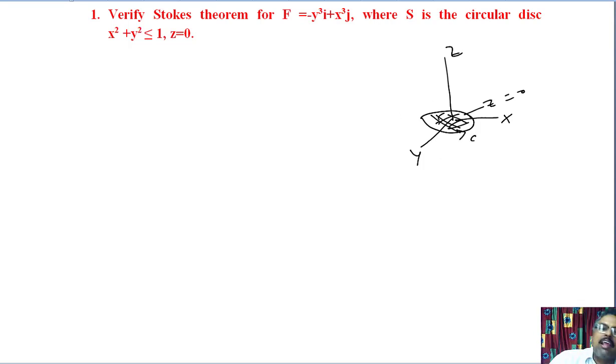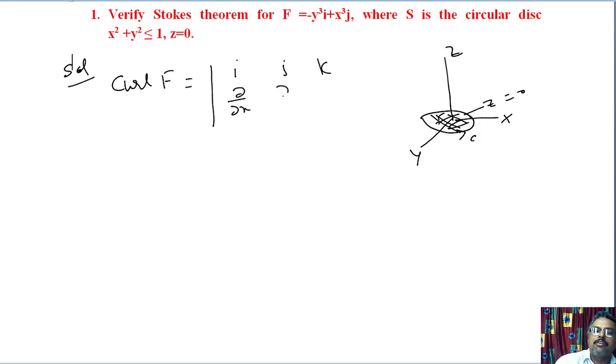Now we will apply Stokes theorem. So now we will verify Stokes theorem. Then how to find? First we will find curl F. Curl F equals the determinant of i, j, k, dou by dou x, dou by dou y, dou by dou z, minus y cube, x cube, 0.